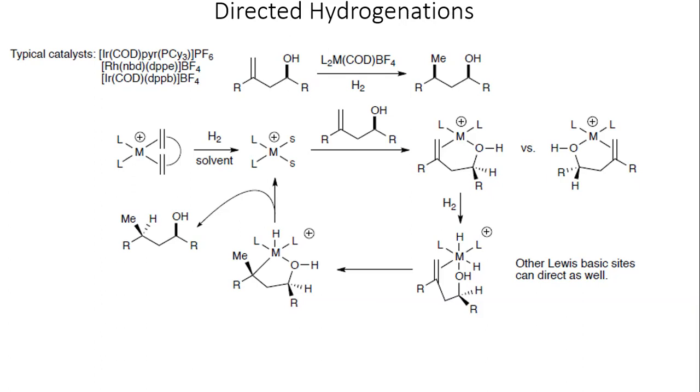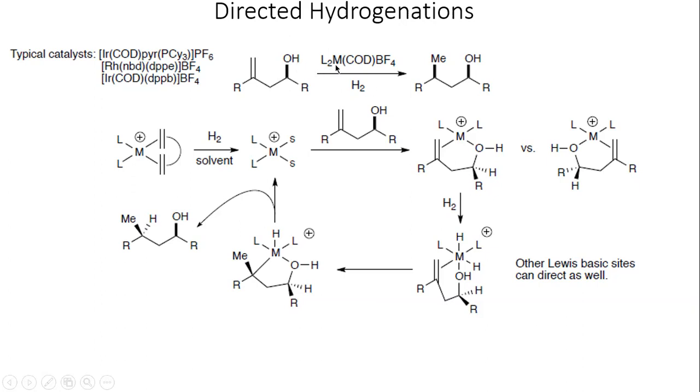The oxidation part is directed by an alcohol. So if you have a chiral alcohol, then you necessarily are going to get a chiral product because the alcohol itself can actually act as a Lewis base and direct the metal catalyst to the alkene, right?